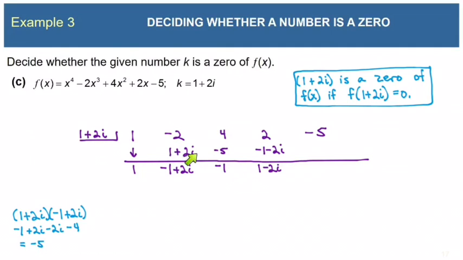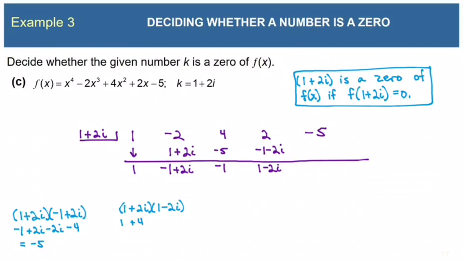Now multiply. 1 plus 2i times 1 minus 2i. I can't do that in my head. I'll have to do it on scratch paper. It's a FOIL process. First times first is 1. Outer and inner cancel out. And last times last is -4i squared. -4i squared is the same as -4 times -1, which is +4.